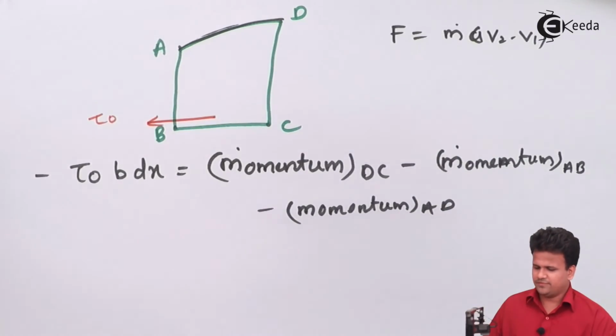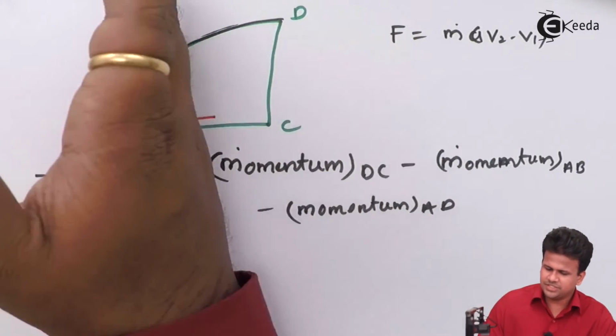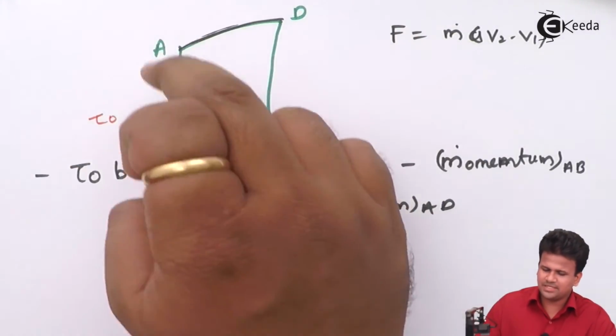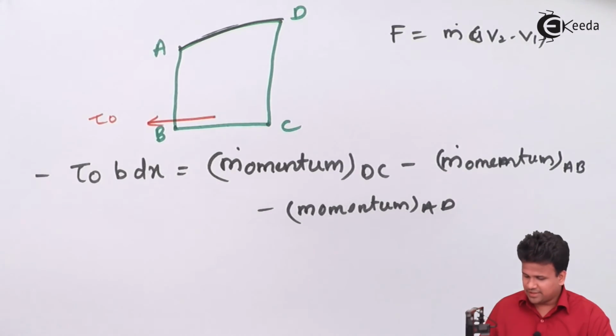So this is how we have it, that is final minus initial. The initial has two parts, that is AB as well as AD.